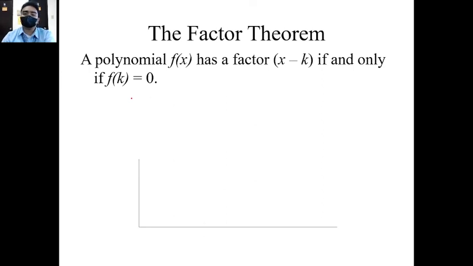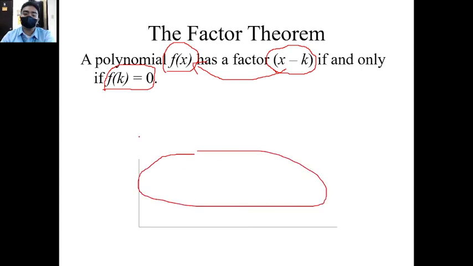So it only states that if your f of k is equal to 0, then x minus k is a factor of f of x. If f of k equals 0, therefore we can tell that your divisor x minus k is a factor of your f of x. Your f of x is the dividend, or the polynomial that you are dividing.